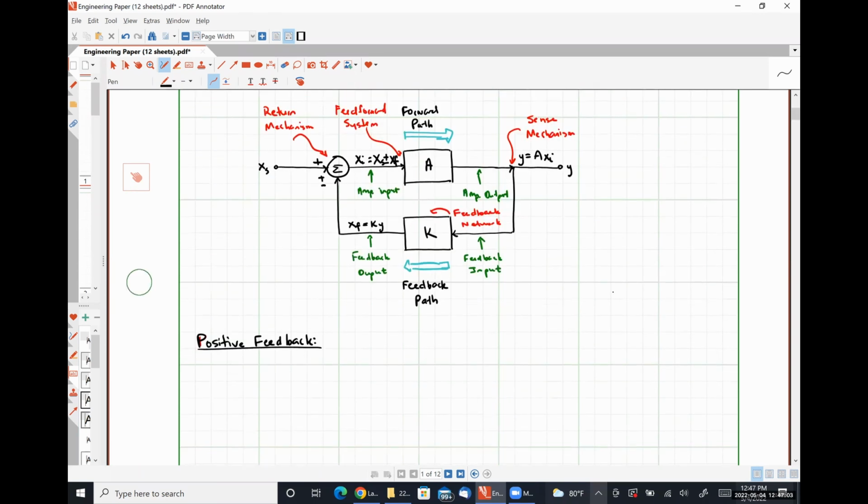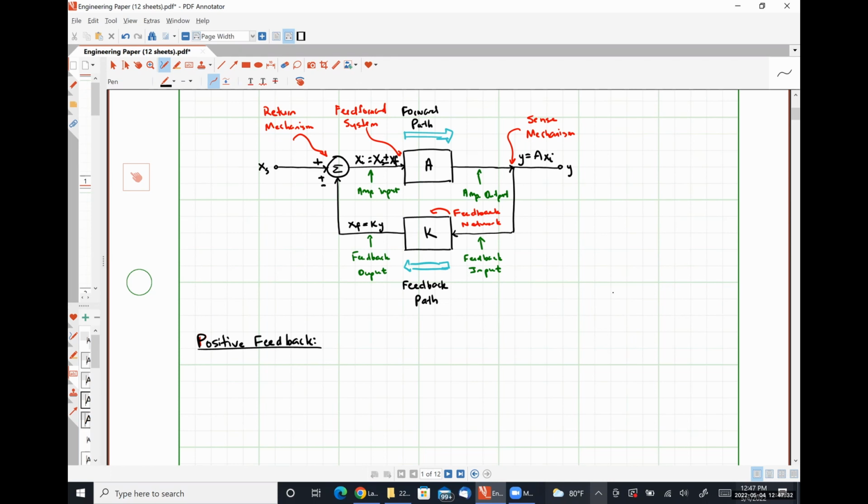So what's that going to do? It's going to make this input signal Xi larger, which in turn should make our output signal Y larger. So in a positive feedback system, we should see an increase in the system's gain, which we are going to call our closed loop gain AF.